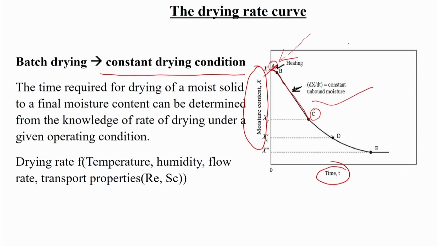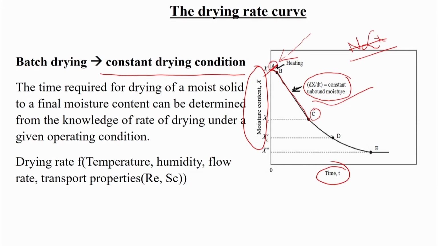If we say the drying rate is N, in the constant drying rate period it will be proportional to the moisture content.